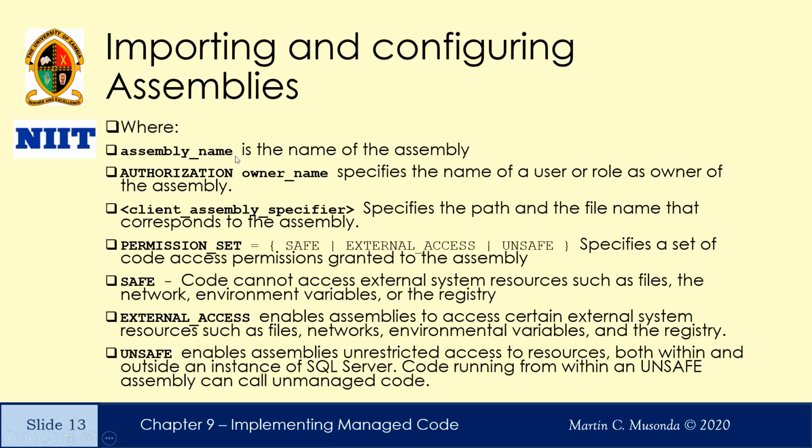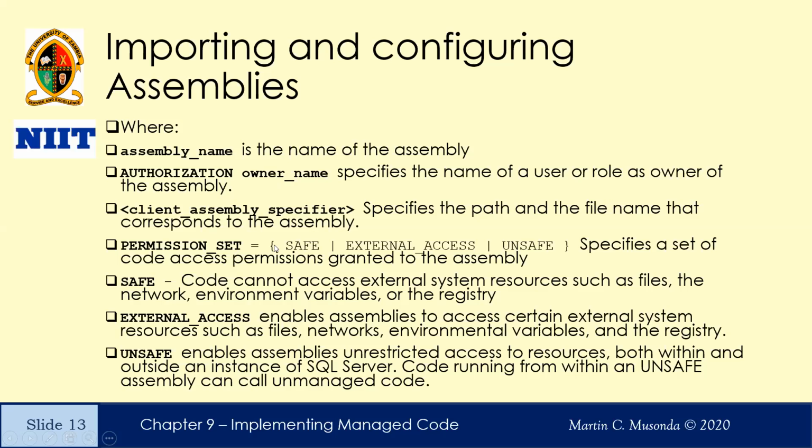Where assembly name is the name of the assembly, AUTHORIZATION owner specifies the name of the user or role as the owner of the assembly. Client assembly specifier specifies the path and the file name that corresponds to the assembly.